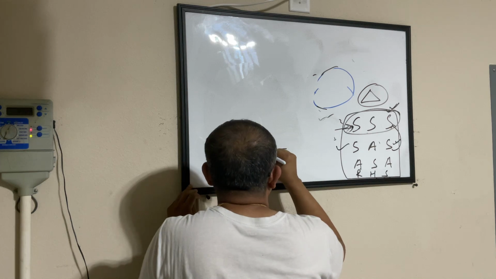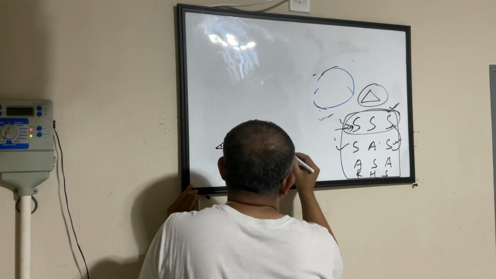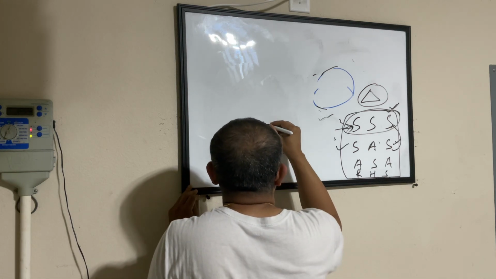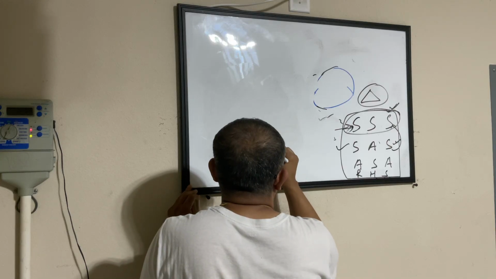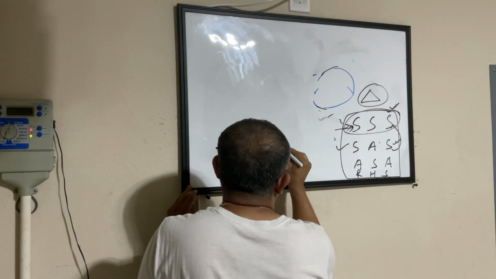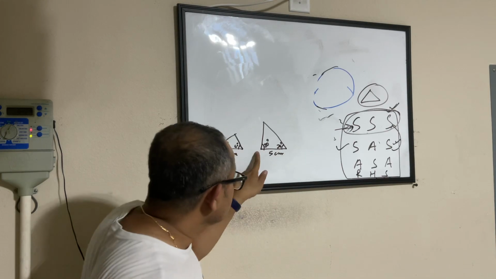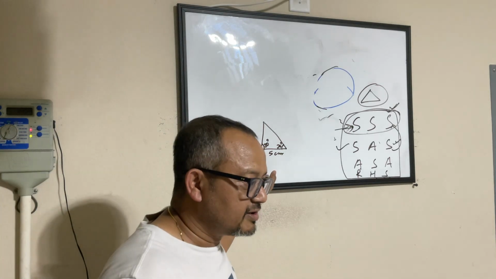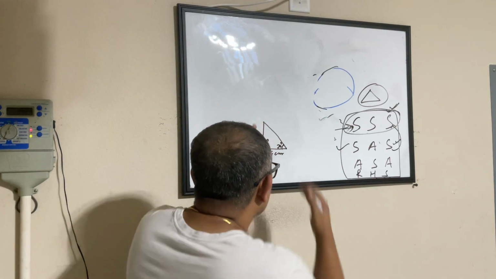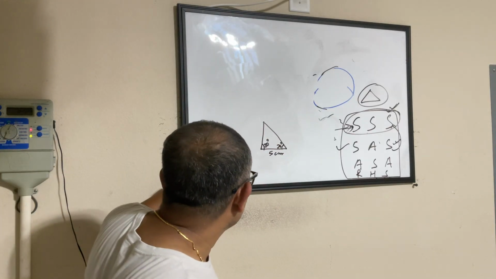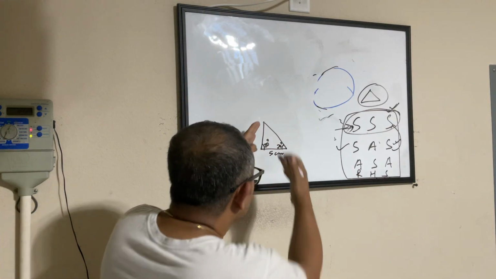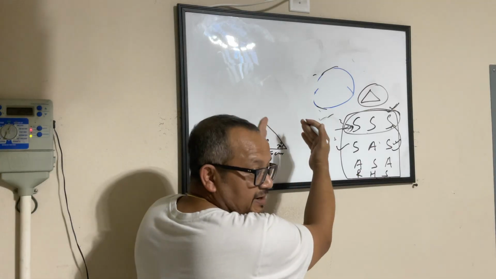Now I am drawing an 80 degree and a 70 degree. Here it's 80 degree, here it's 70 degree. I am just drawing the angle on this point. I am not bothered about the length of the sides. Okay? What do you see? When the angle is different, the sides are different.